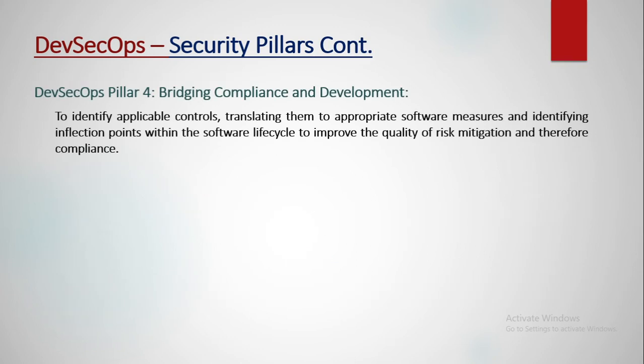Fourth one is bridging compliance and development. Through this security pillar, we eliminate the development and compliance gap, recognize which controls are applicable, and translate them to appropriate software measures. By using these, controls can be automated and the quality of the risk mitigation measured.